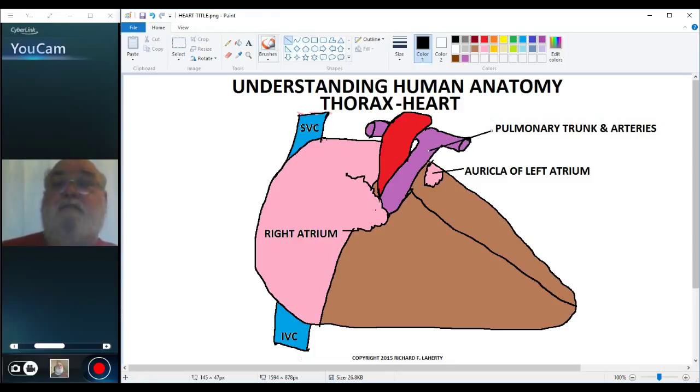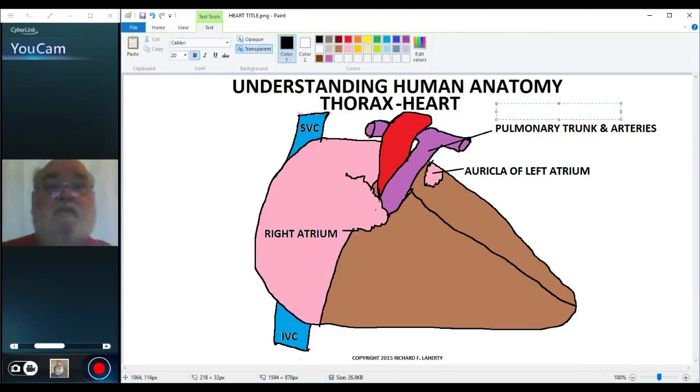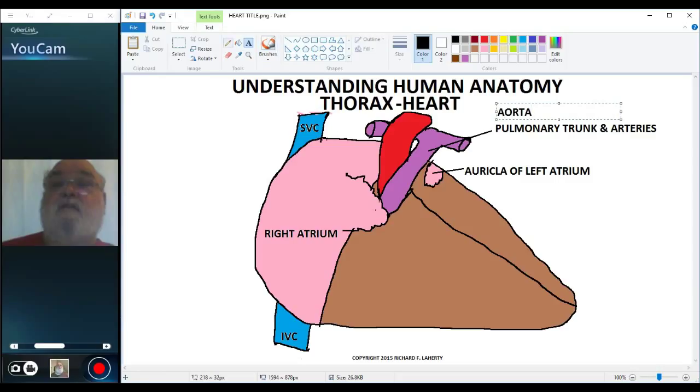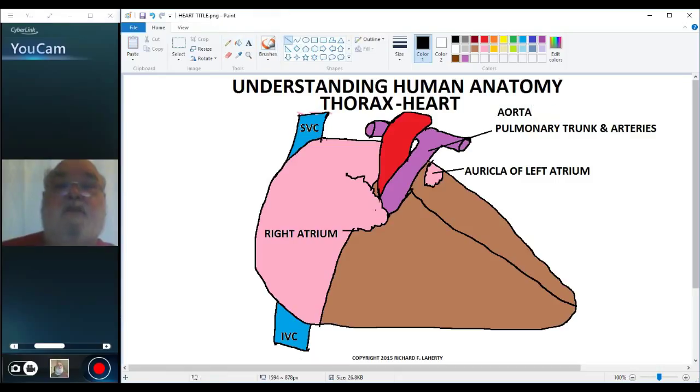Then here we have the aorta. And this is the artery that's the output of the left side of the heart, bringing blood to the body.